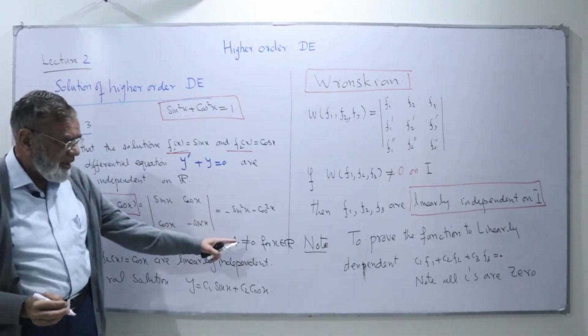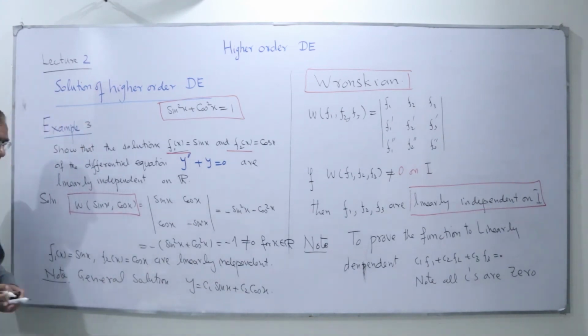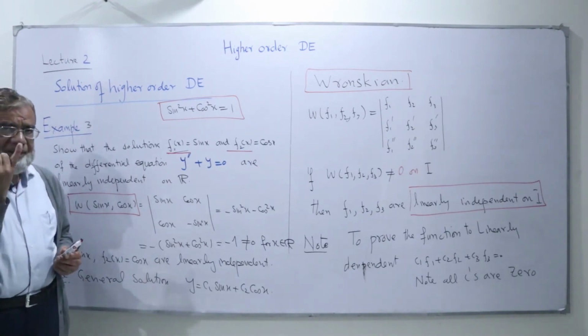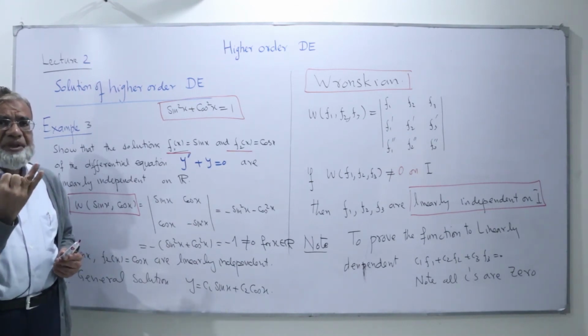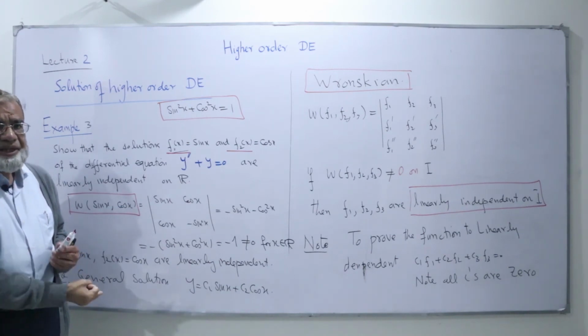So we get minus 1, and it's not equal to 0 for any real number. So when this is the case, we say they are linearly independent. So we can say that they form the fundamental set of solutions. For a fundamental set of solutions, number 1, these are solutions of the differential equation. Number 2, they are linearly independent. Then we say they form a fundamental set of solutions, and we can write the general solution for that, or superposition of the solutions.